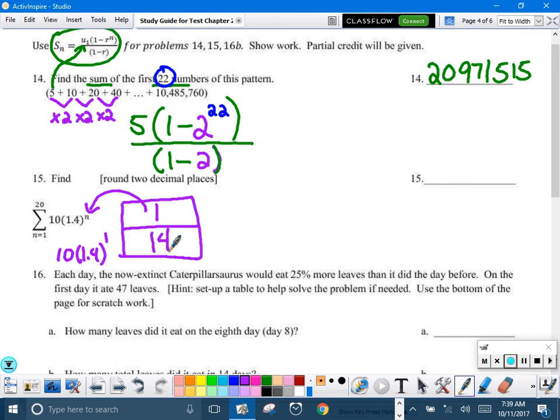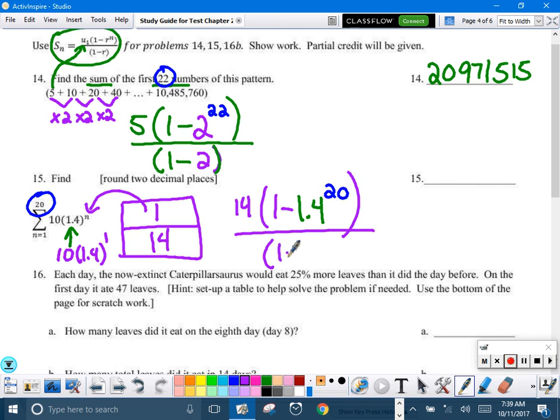We just got to plug the numbers in. So we're going to start off with 14 times 1 minus. Okay, the rate or the ratio, that's in the parentheses. So 1.4. The exponent, that's the how many? 1 to 20, so 20 numbers. Close it.